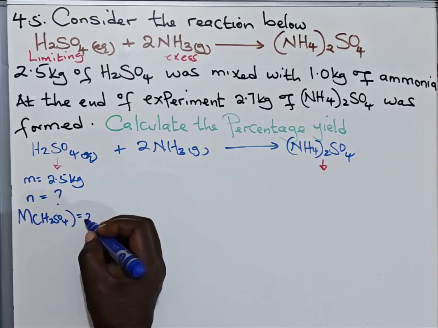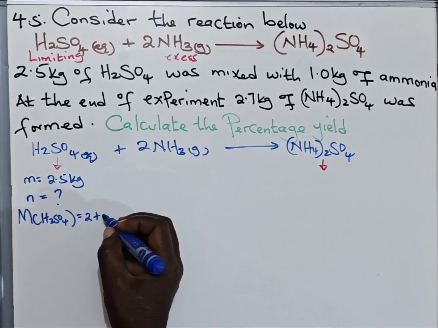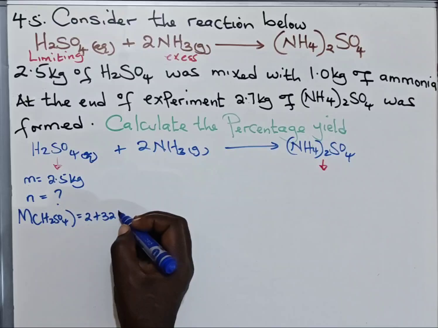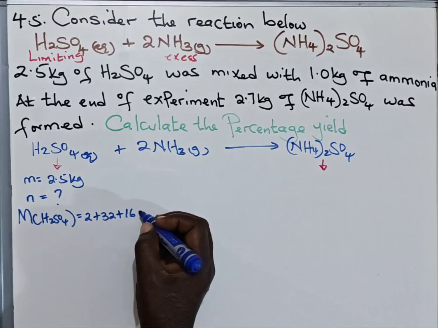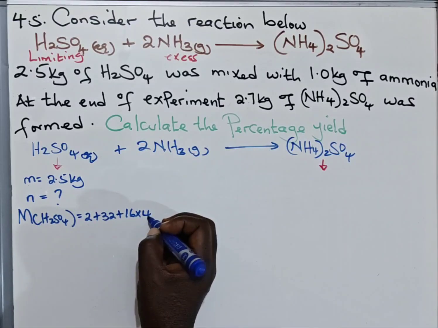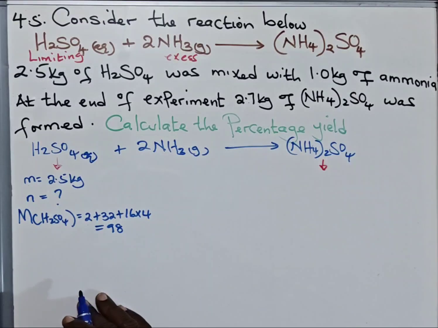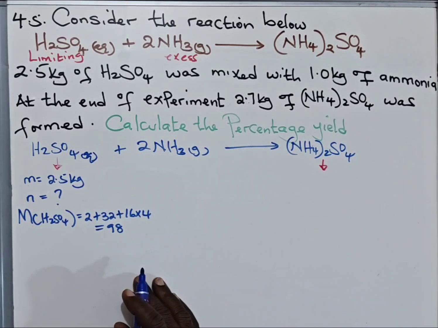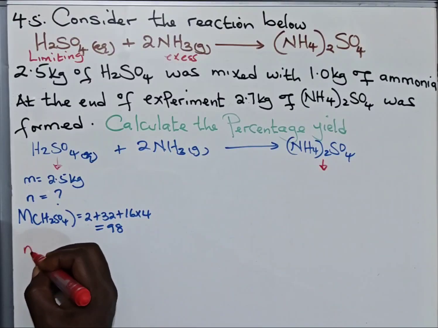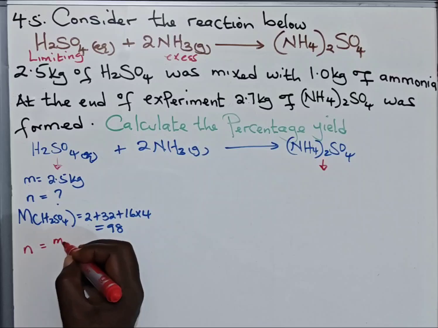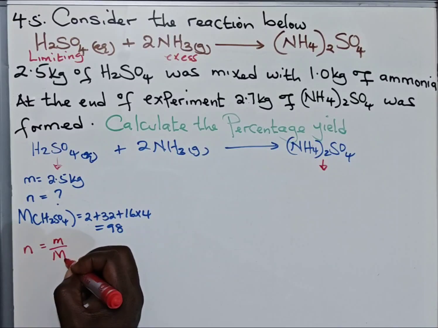Here it's going to be 2 plus 32 plus 16 times 4, giving us 98. So next is to have the number of moles calculated. The suitable equation here is n equals m over molar mass.